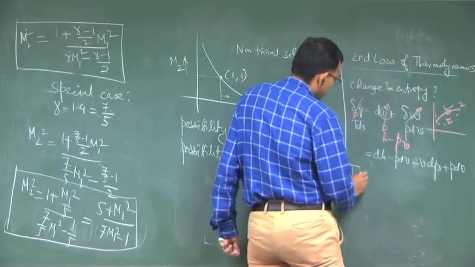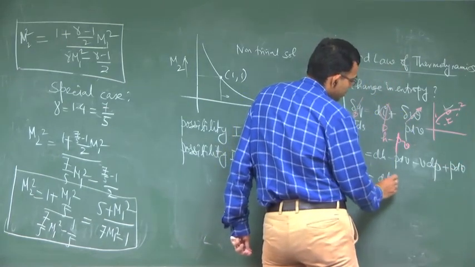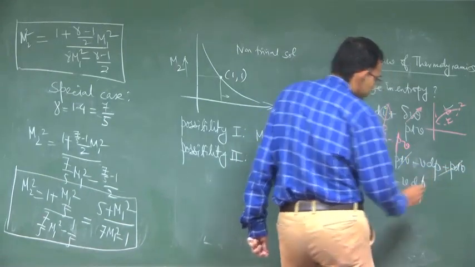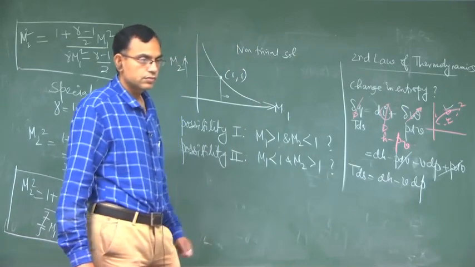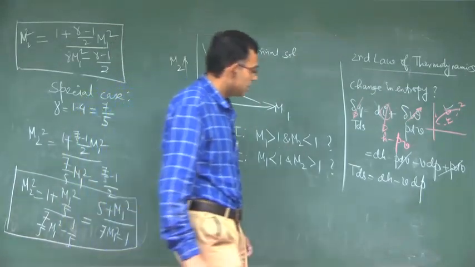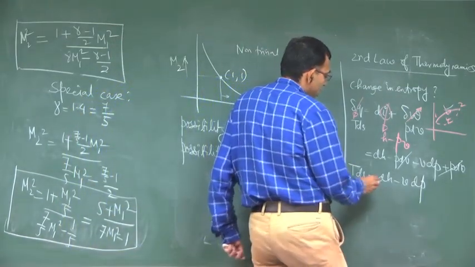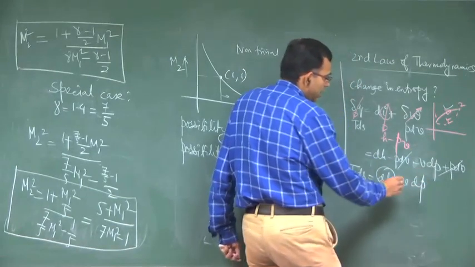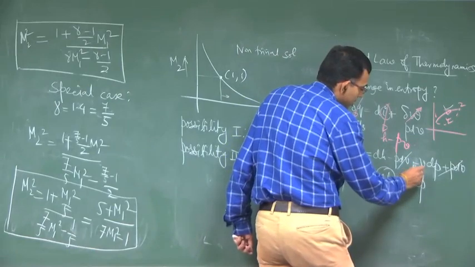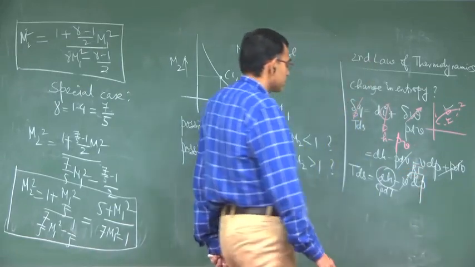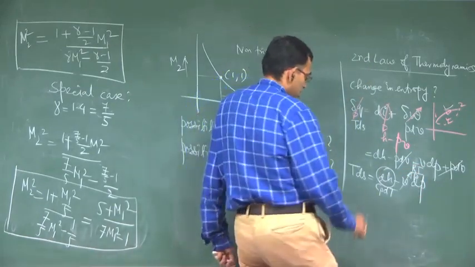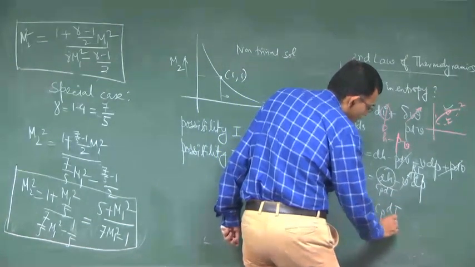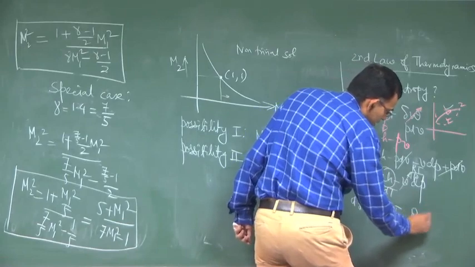So, you have TdS is equal to dH minus VdP. For an ideal gas, dH is equal to Cp dT and V is equal to RT by P. So, ds is equal to Cp dT by T minus R dP by P.